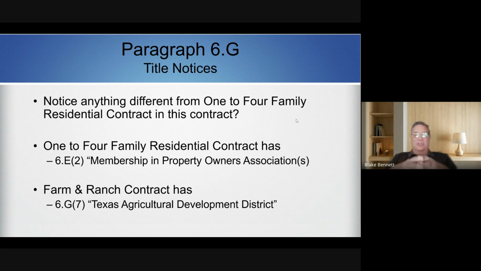Again, I've never seen an agricultural development district that's been active in Texas. Maybe there's one out there. But if you happen to run across one of them and you're representing the buyer, I'd do some really, really deep digging to find out what can buyer do with this property, because chances are very, very slim.